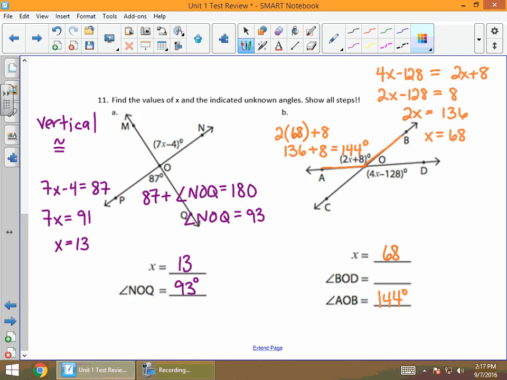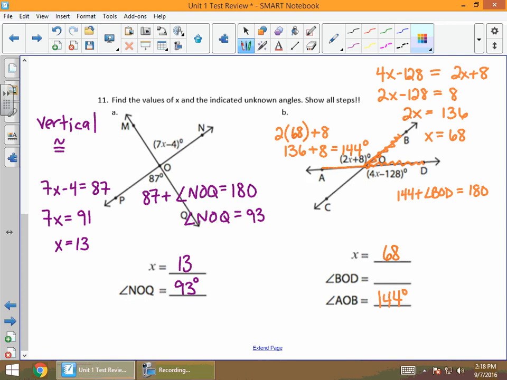Then to find the one that's right next to it, which we call BOD. So here's BOD. That is a linear pair with 144. So that means 144 plus angle BOD, it's a linear pair, has to add up to 180.